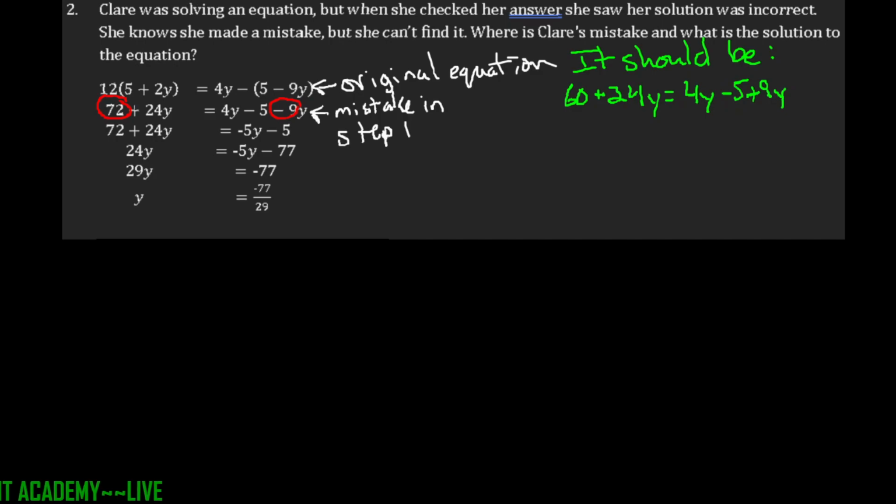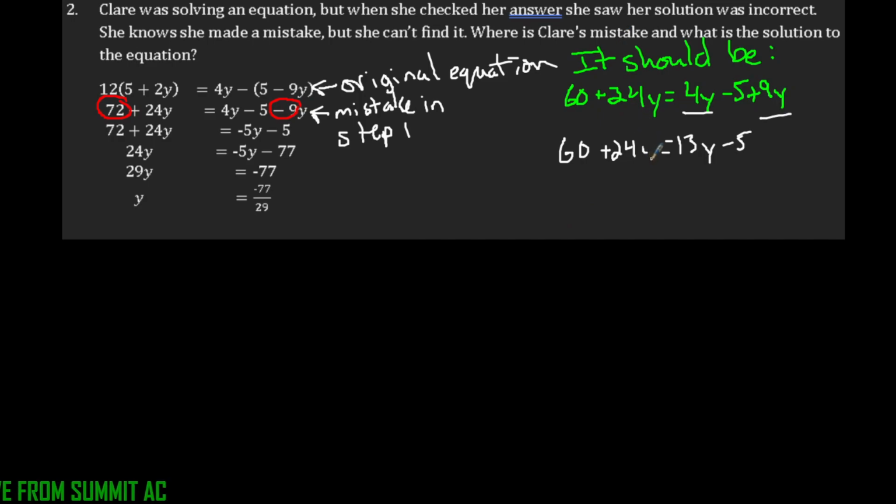Now we can take from these steps and solve this equation. So if we combine like terms on one side, 4y and 9y is 13y, the rest of the problem stays the same. So 13y minus 5 on the right side, and on the left side I just have 60 plus 24y. Make sure that's a y.